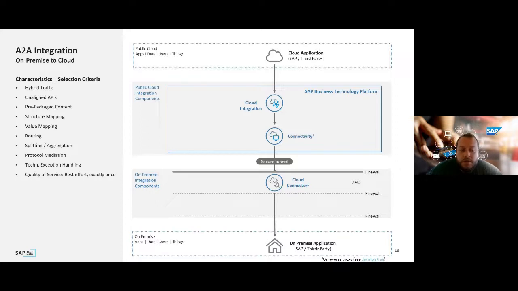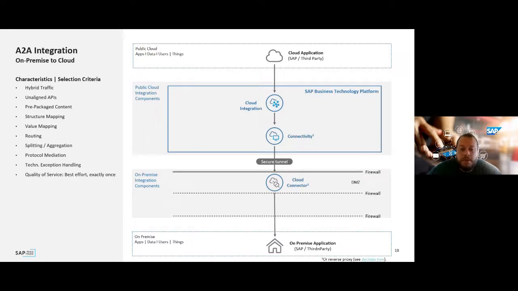And you can also have the standard ESB or middleware functionalities: structure mapping, value mapping, routing, aggregation, mediation, exceptions. All those classic middleware capabilities are possible to be implemented with the cloud integration.